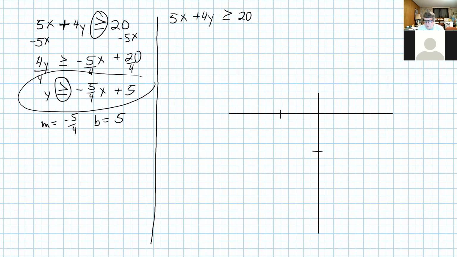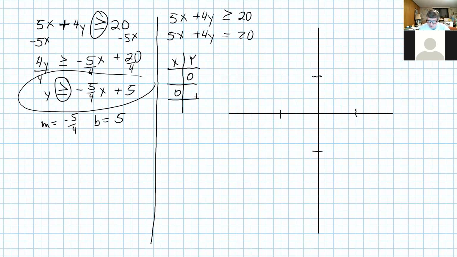Extend that out. Extend that up. Okay, so let's consider the equation 5x plus 4y equals 20. So we're going to look at the equation. We're going to find a couple of ordered pairs. I'm going to go ahead and find the intercepts.